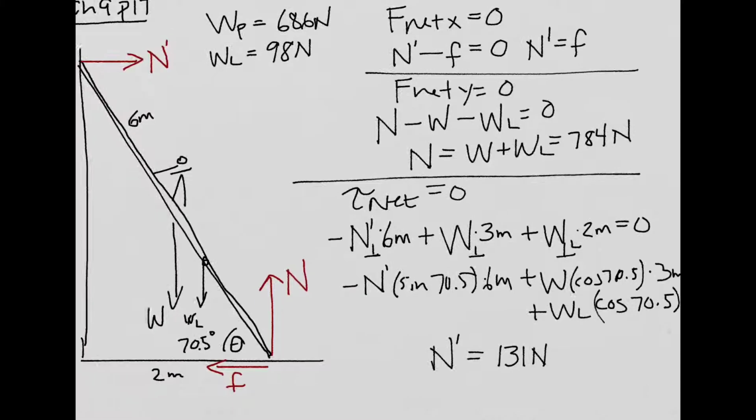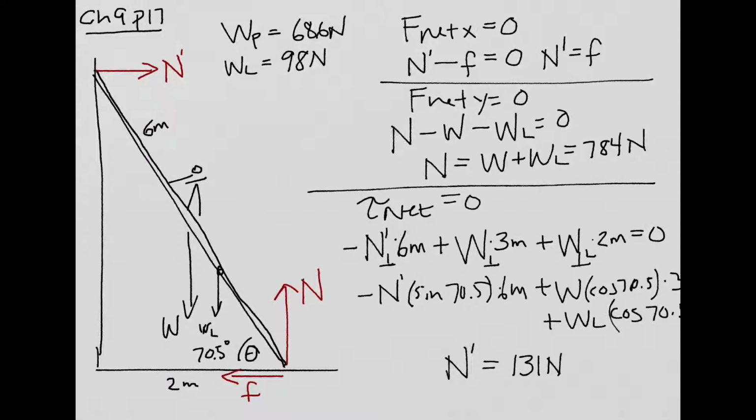So, going back to our original problem, what are the forces? I have a normal force coming out of the wall of 131 newtons. Because that's equal to the friction, I have a friction holding the ladder from sliding that's also equal to 131 newtons. And then I have a normal force from the floor of 784 newtons.